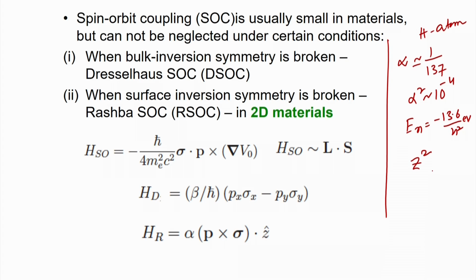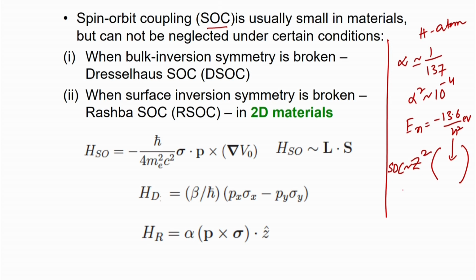However, the spin orbit coupling can become important for large Z, such as uranium, which has Z equal to 92, etc. So, for them spin orbit coupling can still play an important role. So, this is the SO coupling, let us call it SOC. This is what we have called SOC, it is Z squared times this number which is here.